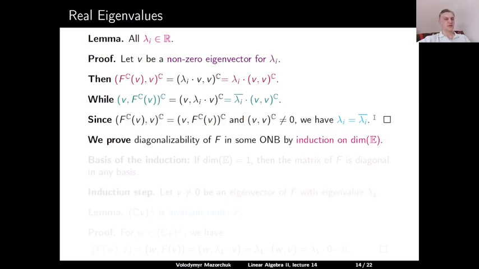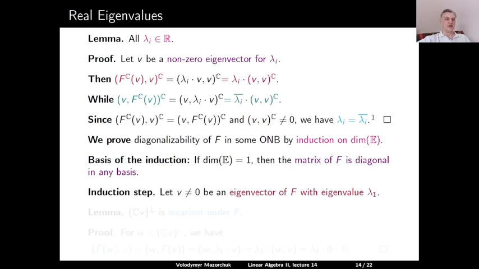So now let us prove diagonalizability of f in some orthonormal basis using induction on the dimension of E. The basis of the induction is easy. If the dimension of E is equal to 1, then the matrix of f is diagonal in any basis. For the induction step, we have a real eigenvalue lambda 1.